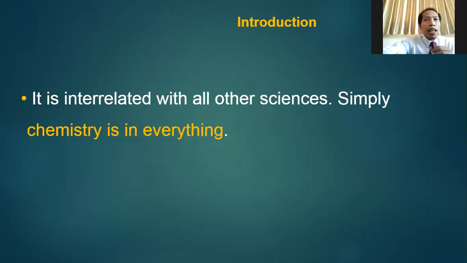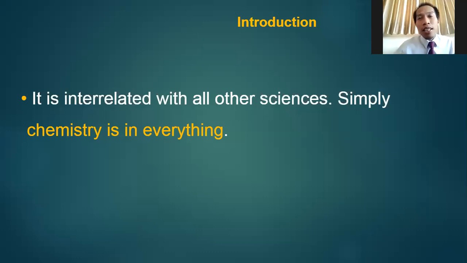And it is all interrelated with other sciences. Simply, we can say that chemistry is in everything. That's why I told you that in the next lesson, maybe I'm going to add some more examples of branches of chemistry and also the relation of chemistry with other sciences. For example, with medicine, pharmacy, botany, and astronomy.